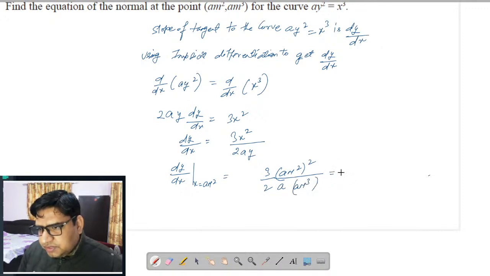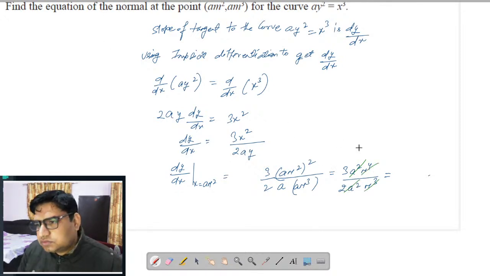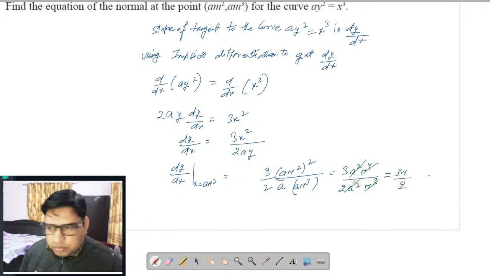From here we get 3a square m to the power 4 upon 2a square m cube, and something will get cancelled out. So the value is 3m upon 2. So this is 3m upon 2 only.